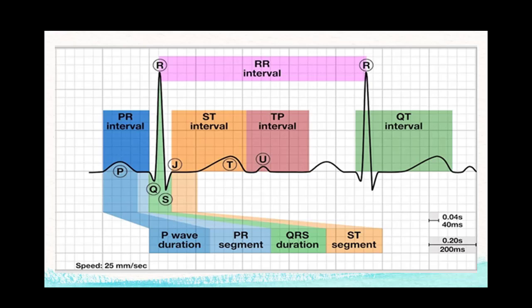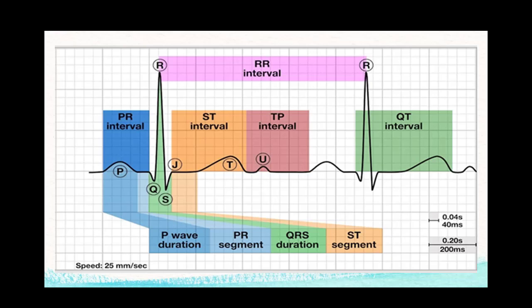So we start counting the PR interval from the beginning of the P wave, that's when the SA node starts to fire, to the end of the straight line for baseline before it dips down to make the QRS.